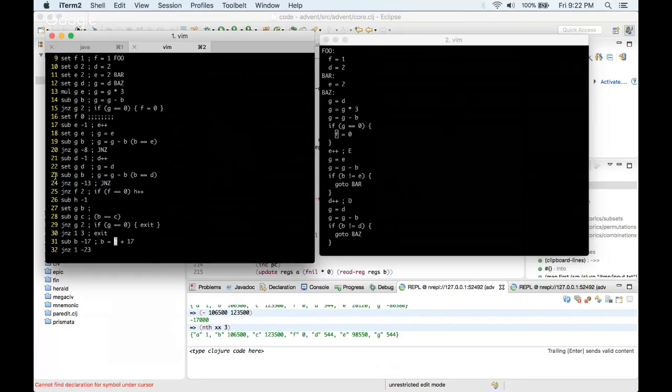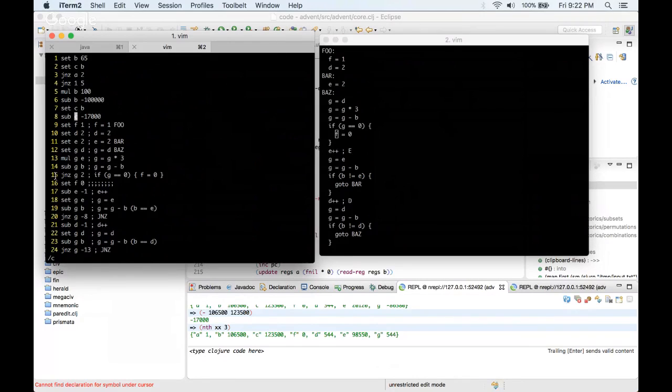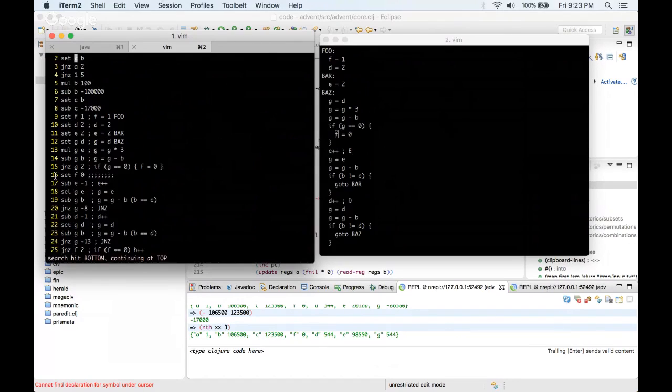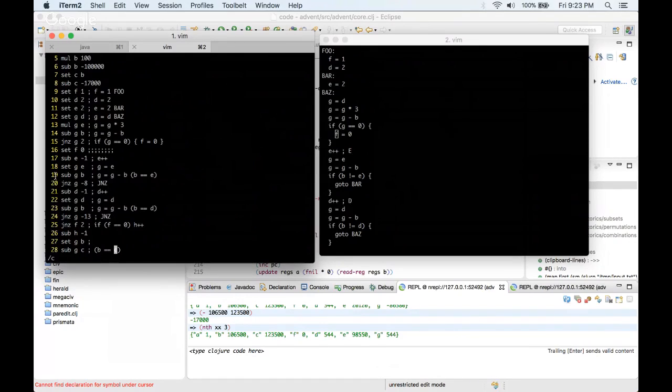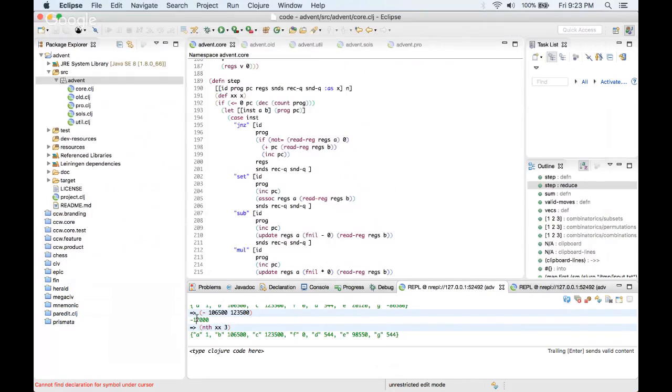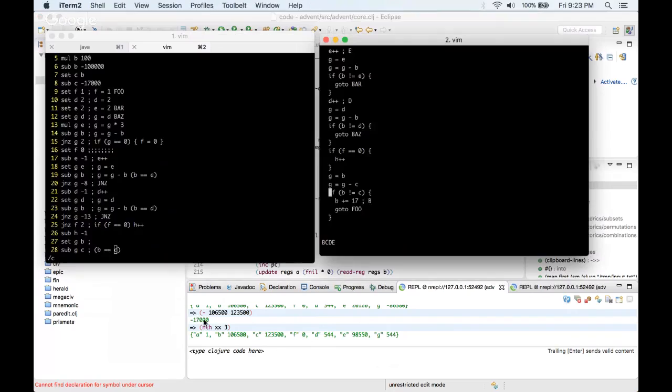All right, and then how does C change? Doesn't. All right. So okay, we need it to be the case that B is equal to C, and it's going to be increasing by 17 each time, which means that this outer loop is going to happen 1,000 times.